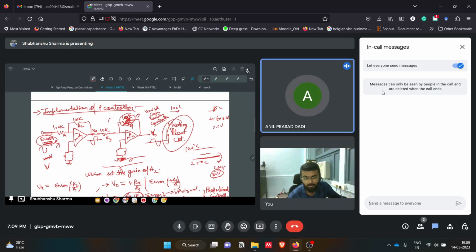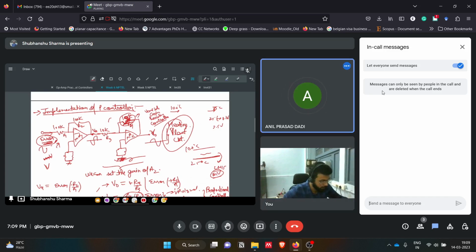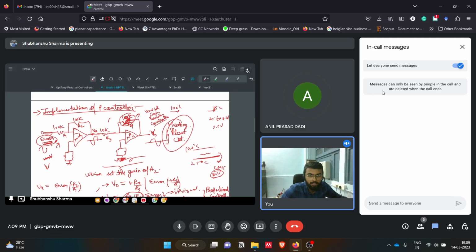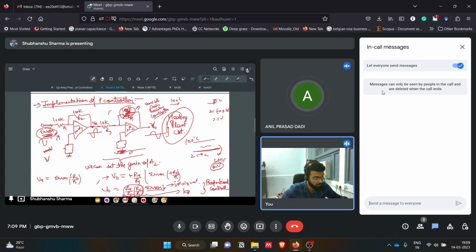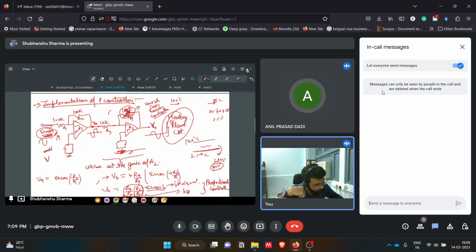If you have to change it manually, it is not a big deal. But if you have to change it with some feedback, then we'll have to think, because we cannot do it manually. If we want to make it automatic, we'll have to give some feedback to this variable gain circuit, and then see how it works.